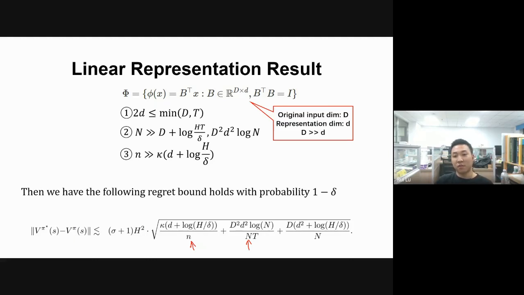But if your number of training samples is not that much, then this part will be a little larger, so the upper bound becomes less useful. So the summation of these two terms just tells you that if your representation is not that good, you may need more effort in evaluating it in the target task.